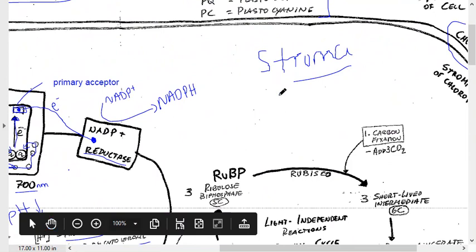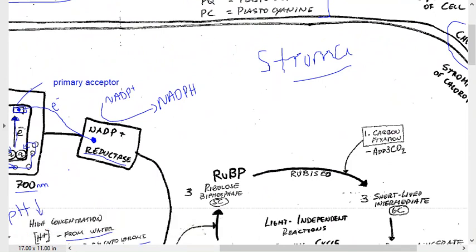The Calvin cycle is going to need 12 NADPHs, and it's going to need 18 ATPs, for one glucose.